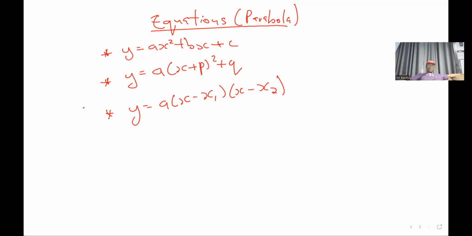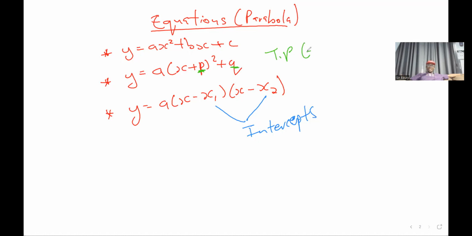Here are the parameters. This and this stand for intercepts. These are x-intercepts. Then here, this and this, right? They give you the turning point.